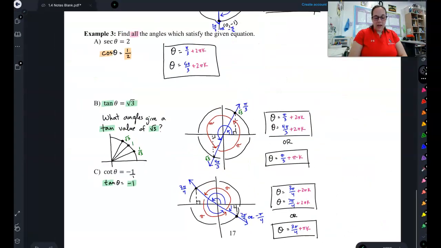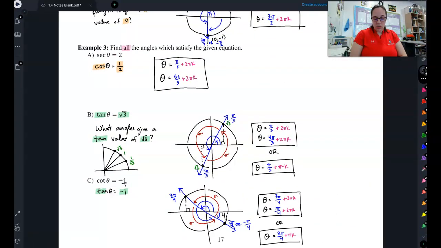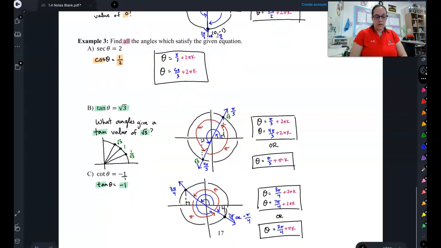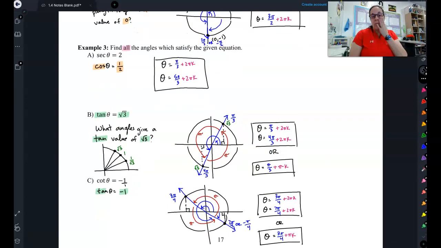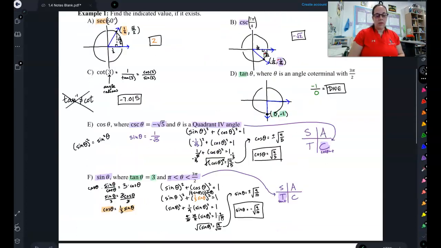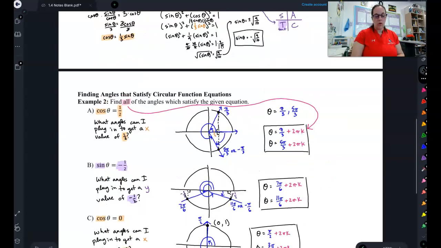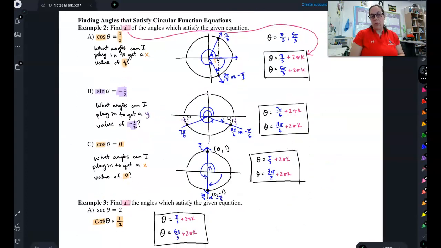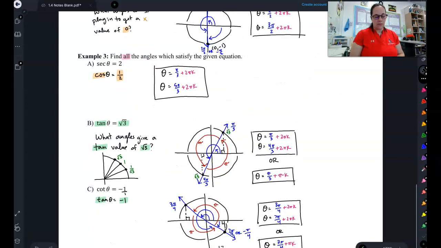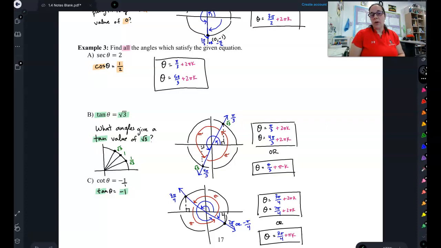So that is how we find our coterminal angles. Hopefully that will help you out with all of lesson 1.4. We can either plug angles in to get points off of the unit circle, or we can find the points on the unit circle and get angles as our answer. What angles give you that point? And that should be all for 1.4.